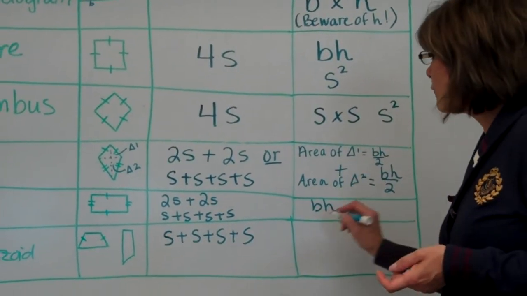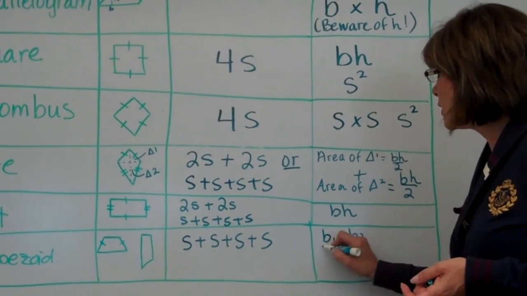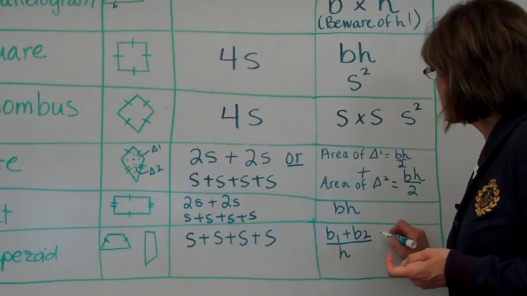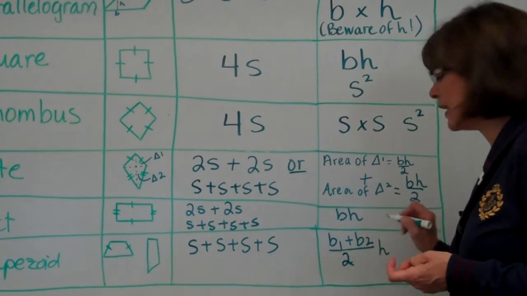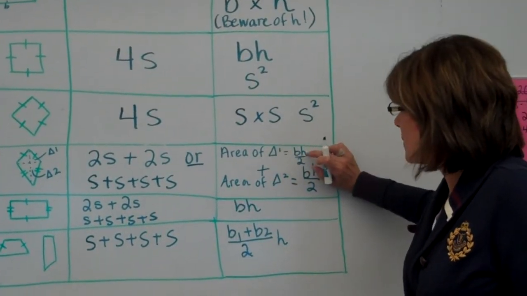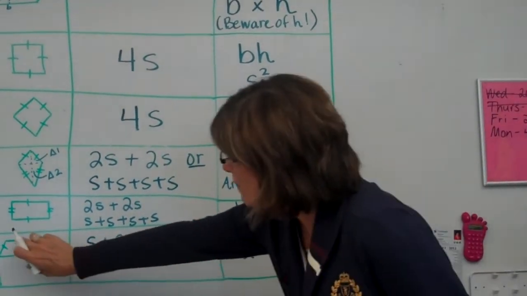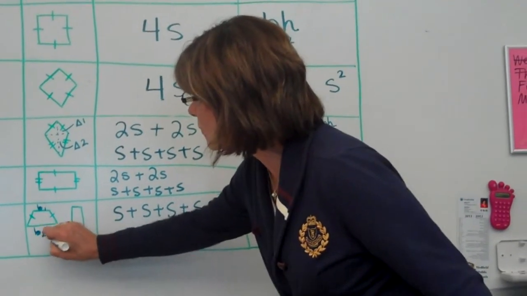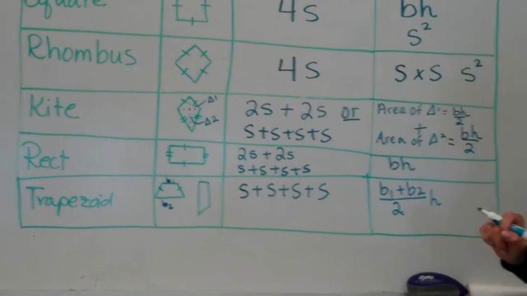For the area, the formula is base 1 plus base 2, divided by 2, times the height. So it's the same as a triangle, base times height, but now you have 2 bases. Remember we said base 1, base 2. Doesn't matter which one you make 1 and which one you make 2, as long as they're the 2 parallel sides.